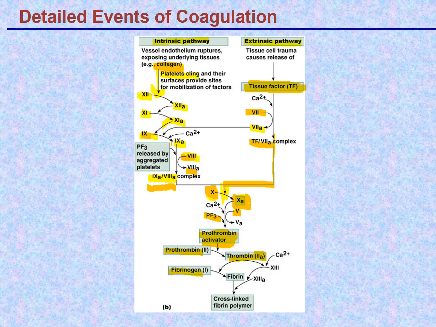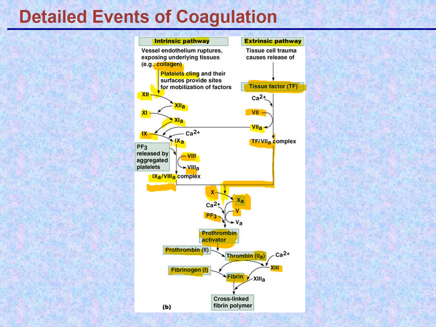Now fibrinogen, all of these inactive molecules are soluble proteins. Fibrinogen and all the active ones that I've talked about so far are also soluble. But at this point, this is the point at which you get an insoluble product. When fibrinogen is activated, it becomes insoluble fibrin.